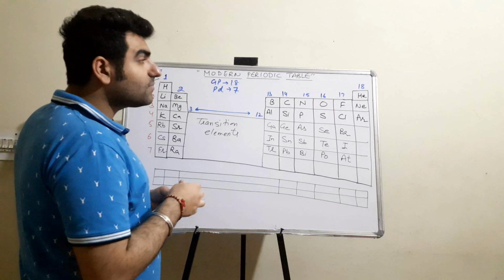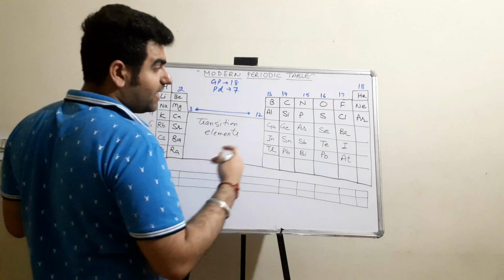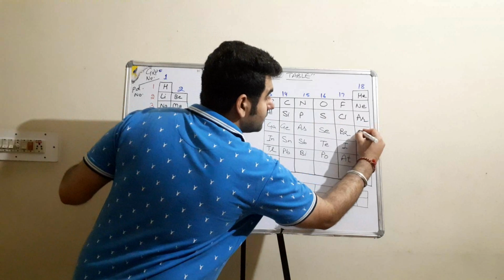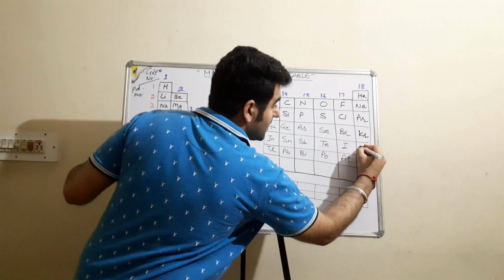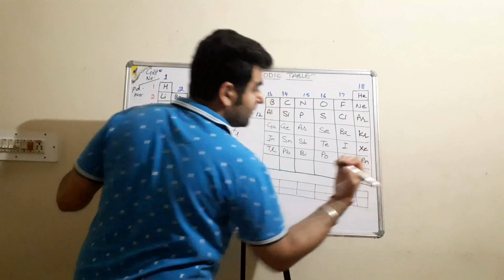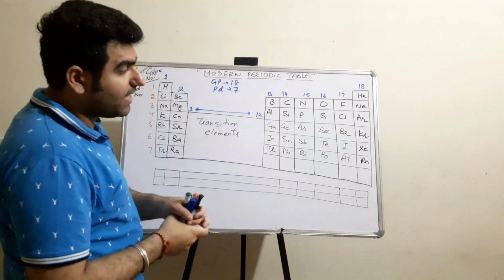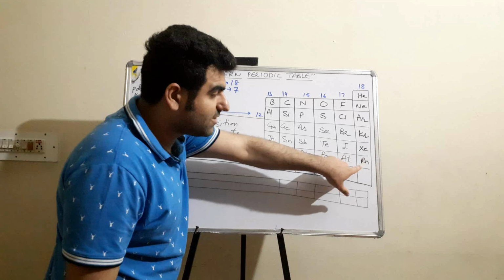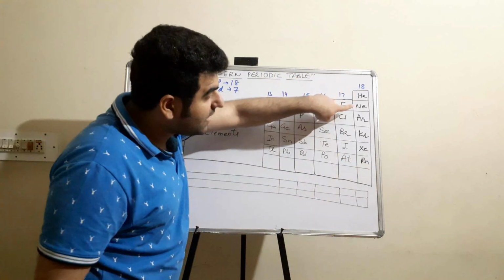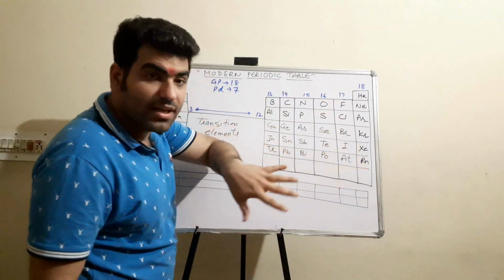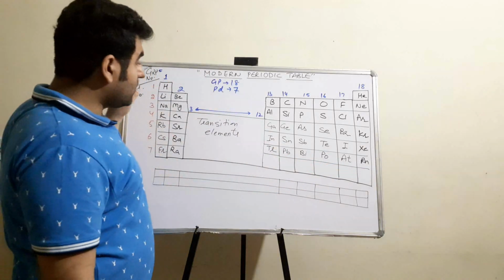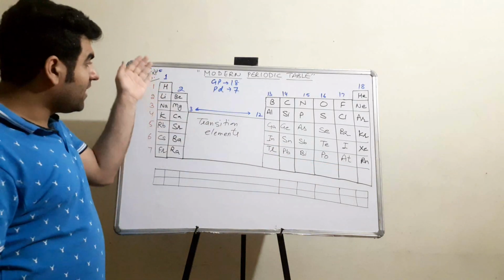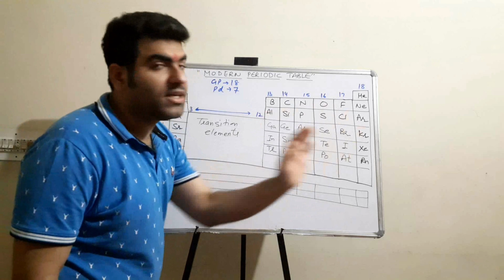Next is helium, neon, argon, krypton, xenon, radon. How do we remember this? It is Hina, Nina और Karina के Xerox रंगीन. Alright. So this is how we can remember group 1, 2 and group 13 to 18.